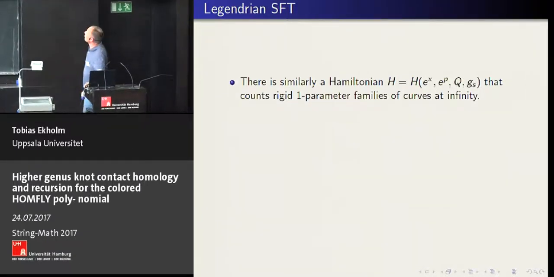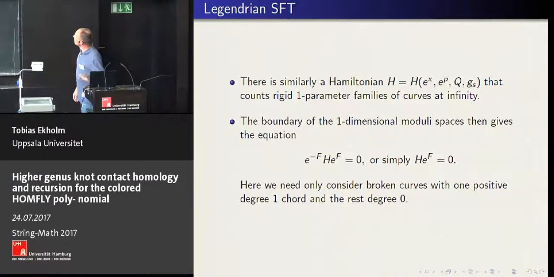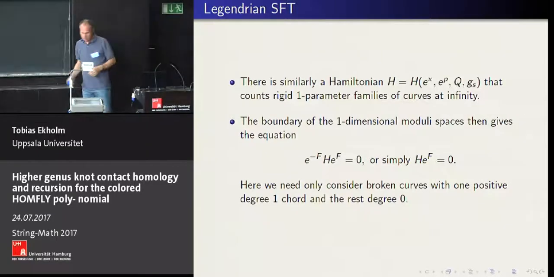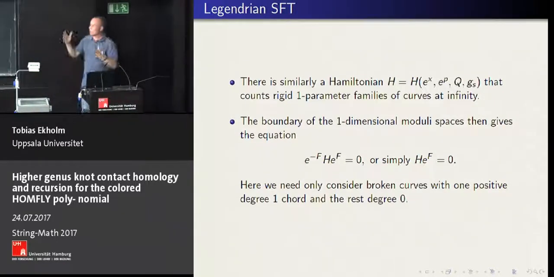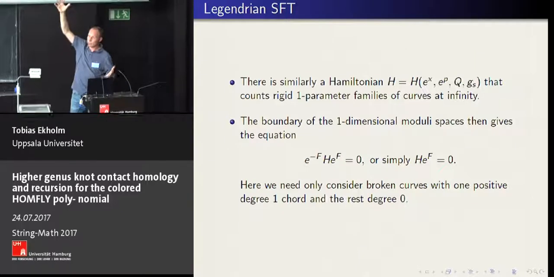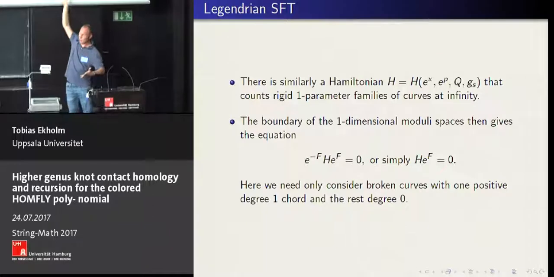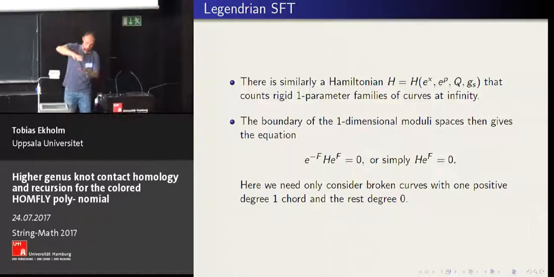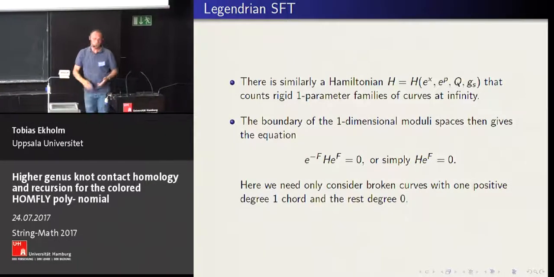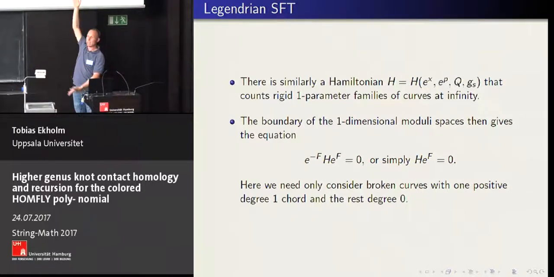And we call that the Hamiltonian and write it as H. And now, if we can avoid this interior splitting, so that we look at these one-dimensional moduli spaces of holomorphic curves with only positive punctures, stretching down along LK, so that all boundaries of this manifold correspond just to vertical splitting at Reeb chords, just like we did for the disks, then we would get some equation of the following form.